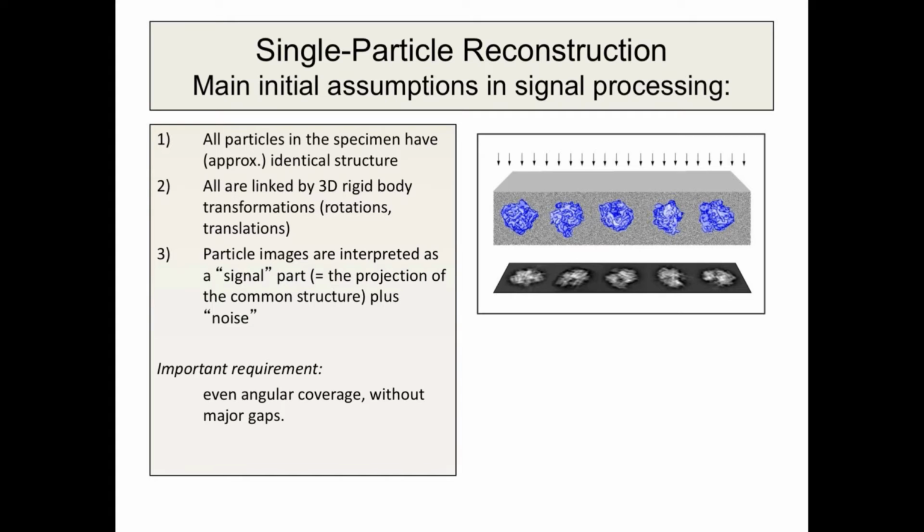And particle images are interpreted as a signal part plus noise. The additive noise assumption is an approximation, but it's been a very good approximation for the purposes of image processing. And the important requirement is that we have even angular coverage without major gaps.